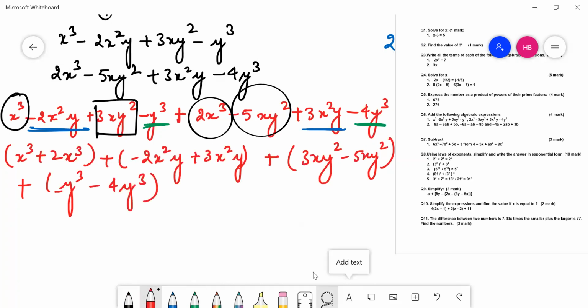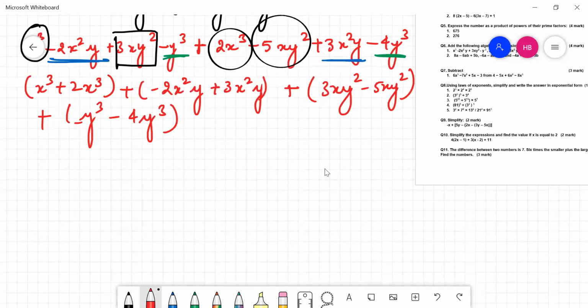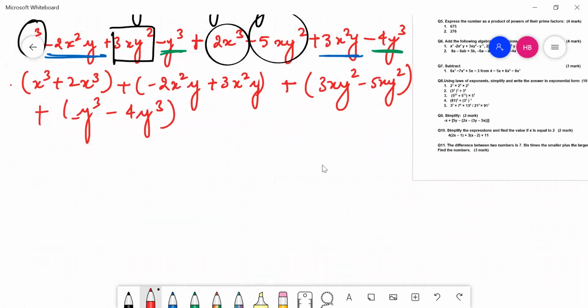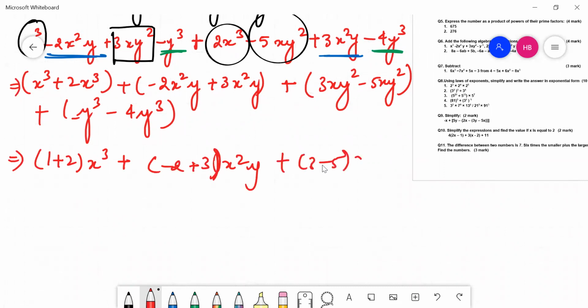Cool. Let's move on to the next part. After grouping the like terms, I'm just going to add the coefficients. So (1 plus 2) x cube plus (minus 2 plus 3) x square y plus (3 minus 5) xy square plus (1 minus 4) y cube.